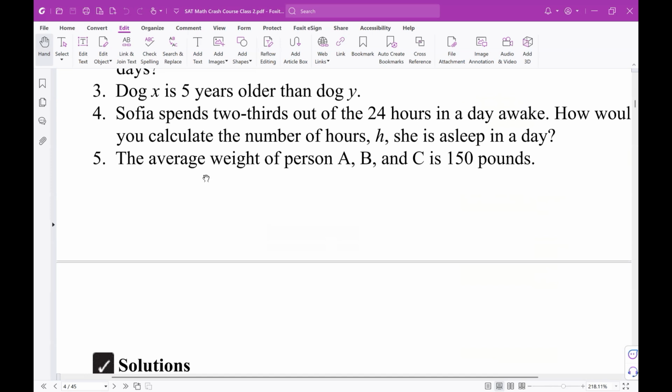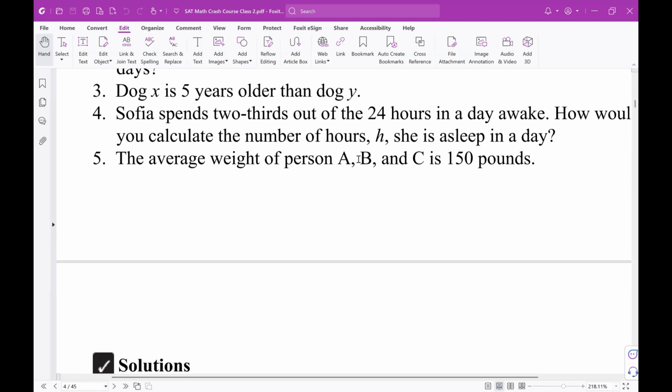So the average weight of persons A, B, C means the weight of person A plus the weight of person B plus the weight of person C divided by the number of total persons. That is basically 3, 1, 2, 3. You got it or not? Yes. That is the concept of average.